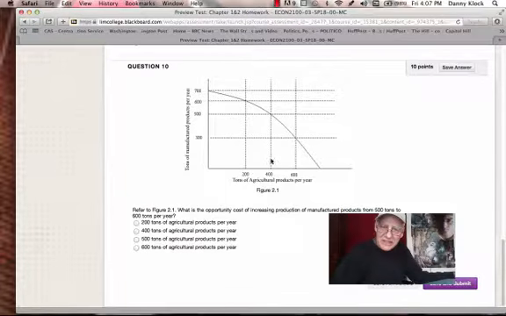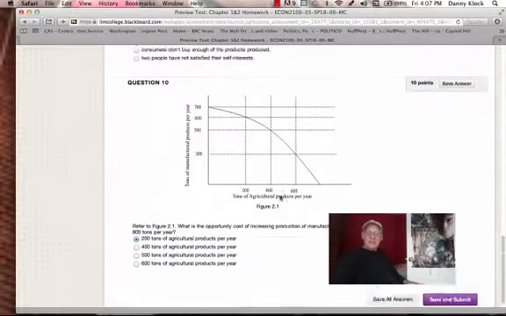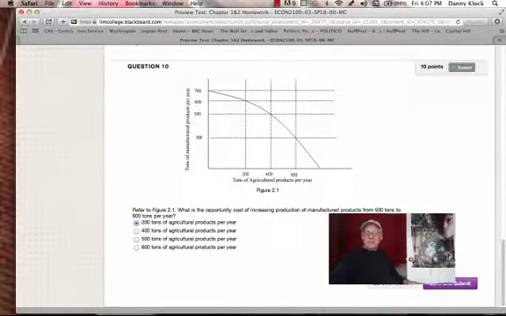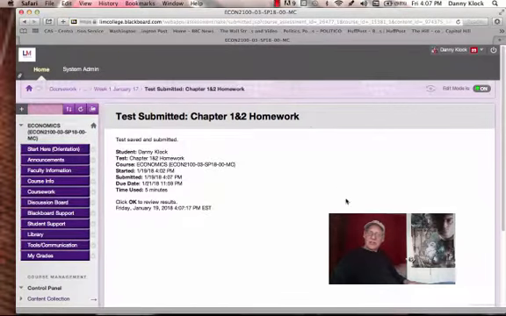So I'm basically losing then 200 of my agricultural products, right? My 200 tons of agricultural products per year. I will bring an example of this in class, a printed example, and we'll talk about it. Let's see if I got this whole thing right, or if I got to do it again.